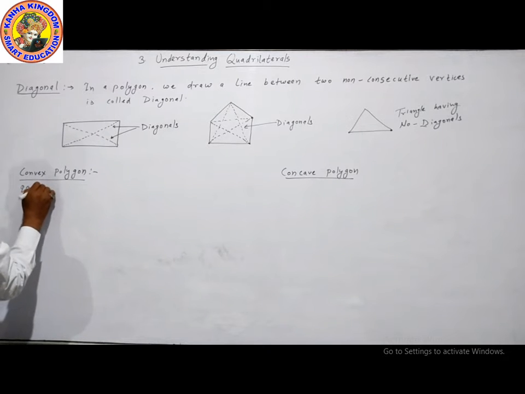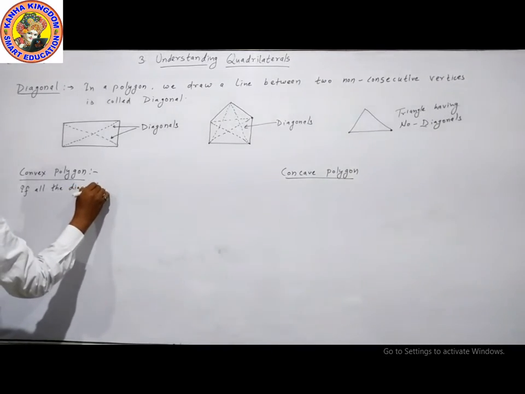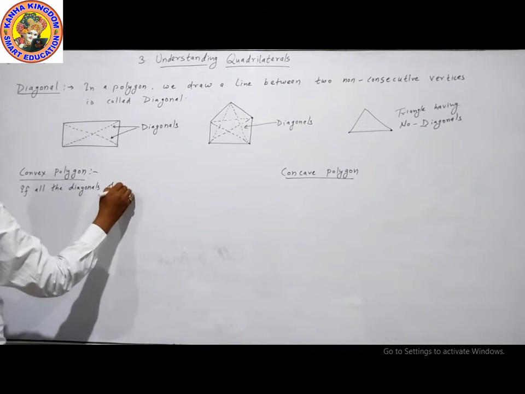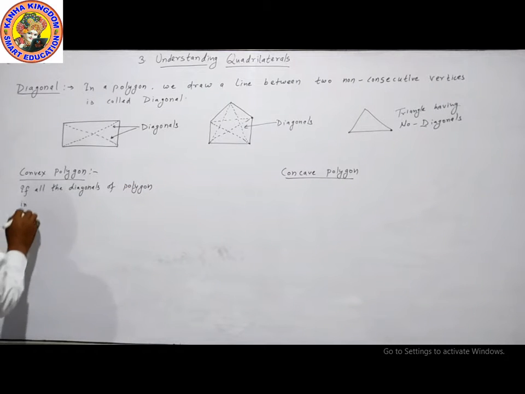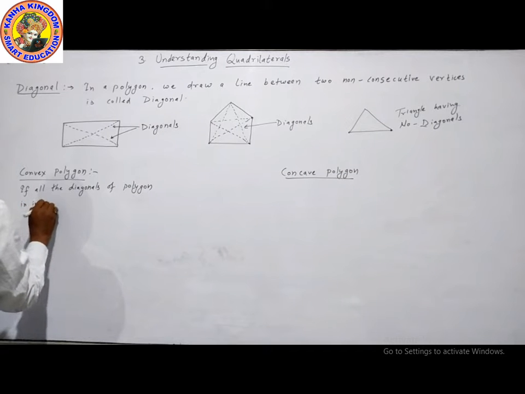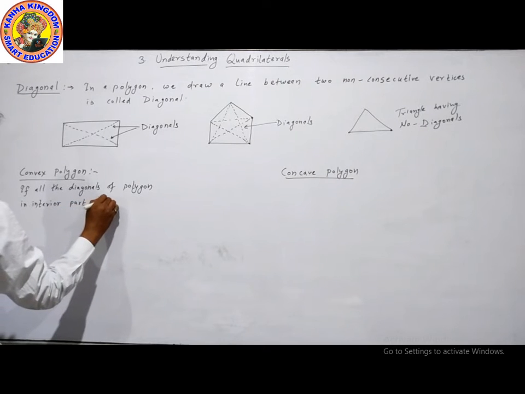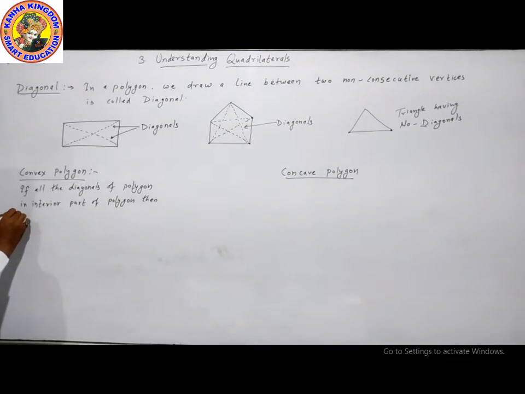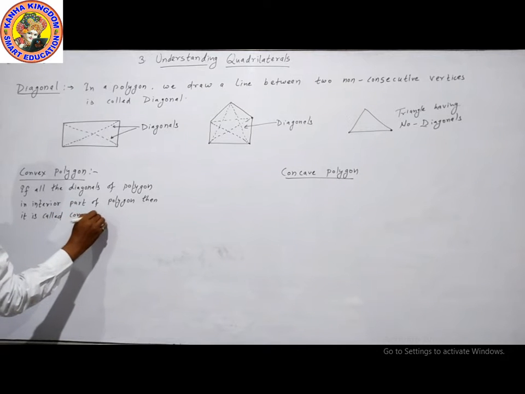If all the diagonals of polygon are in the interior part of polygon, then it is called convex polygon.